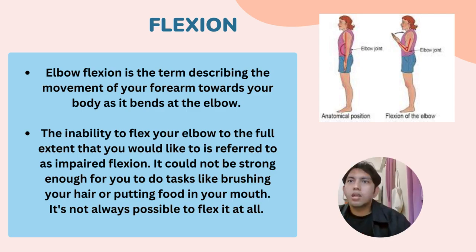Okay. So the inability to flex your elbow to the full extent that you would like to is referred to as impaired flexion. It could be not strong enough for you to do tasks like brushing your hair or putting food in your mouth. As you guys know, we also use flexion in our daily life, like when we go to the gym and flex the dumbbell, or when we want to eat.